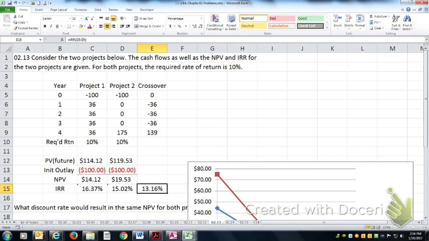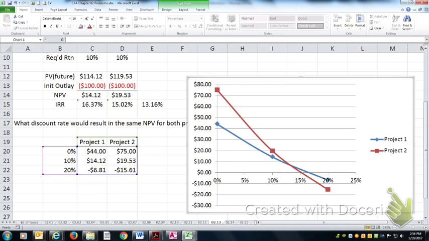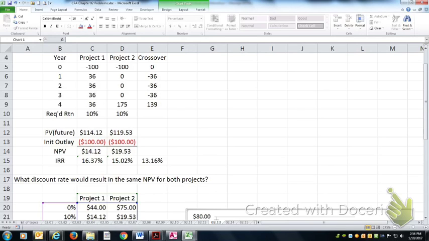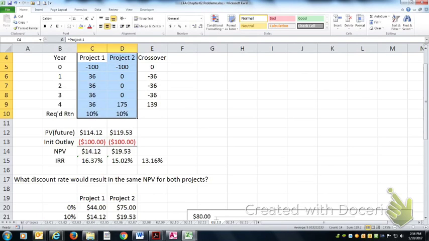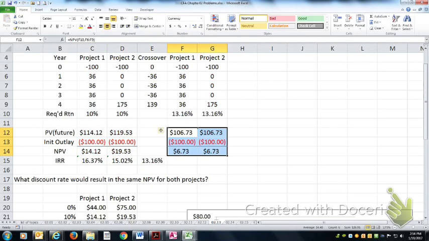Calculate the IRR: 13.16 is the point at which they will have the same NPV. And we could do that calculation simply by taking these, putting them over here, using the same discount rate for both of them, that crossover rate, and then calculating the NPVs.